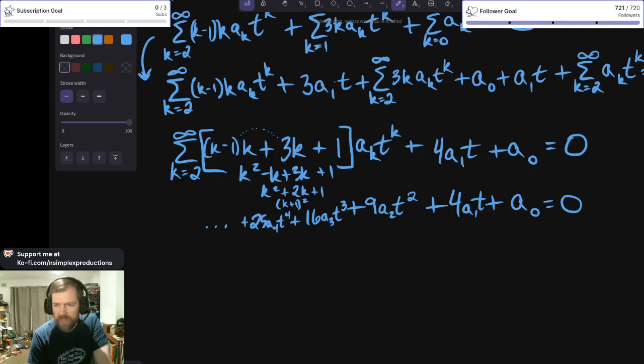Maybe I just confused myself. Sorry. Yeah, we already know that this is going to be k plus 1 squared a sub k t to the k. And it actually did hold for the other two, right?